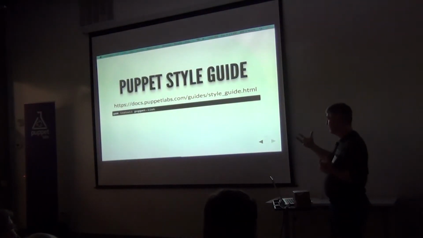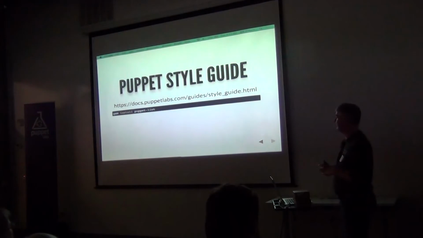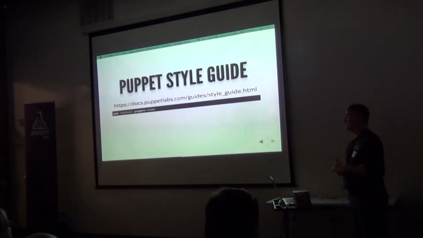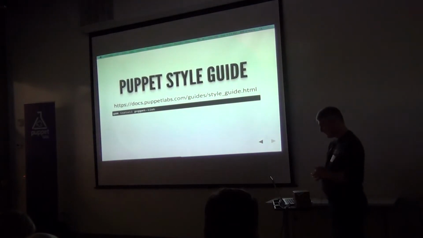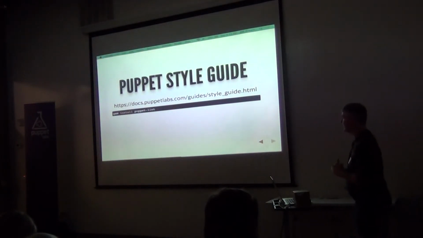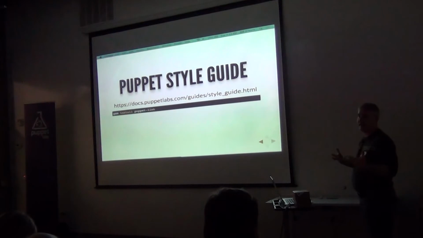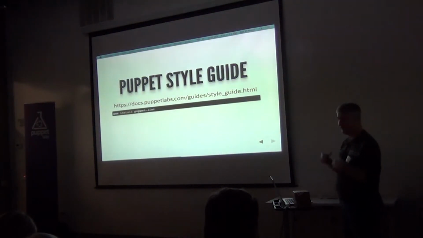Somebody wrote a gem tool called Puppet Lint that will go through and check your code to see if it complies with these style guides. And it's probably a good idea to follow this anyway so that everyone is on the same page in terms of how your Puppet code is constructed and what it looks like.